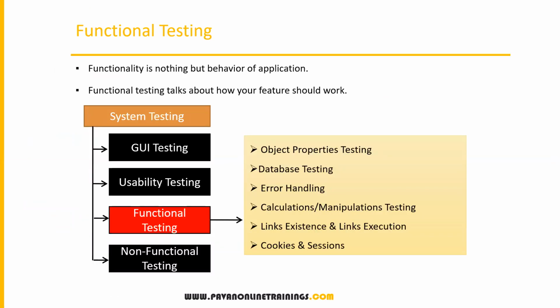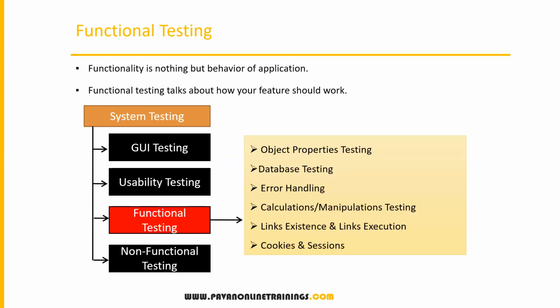Another thing, when you come to GUI testing, there also we are verifying the links, but what exactly are we verifying as part of GUI testing? The link color, where exactly the link is placed, and the color of the link. And also when I click on the link, whether the color is changing properly or not.